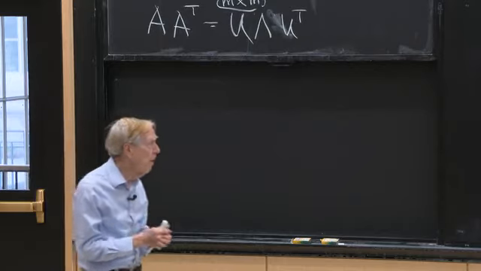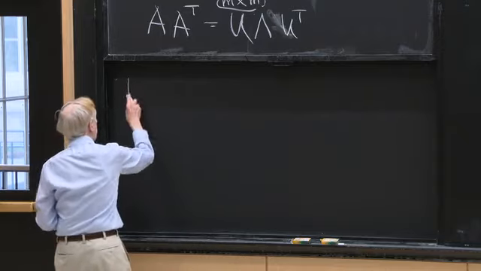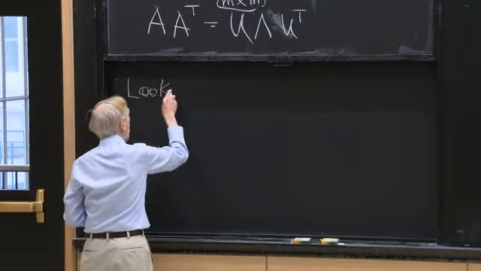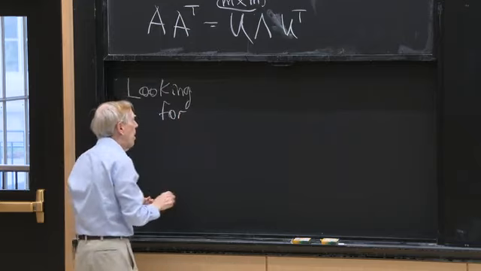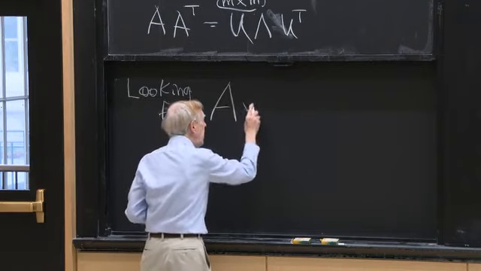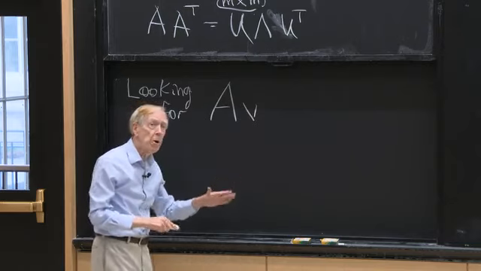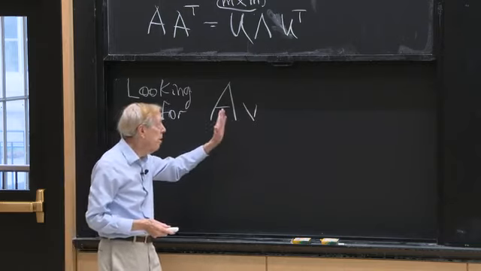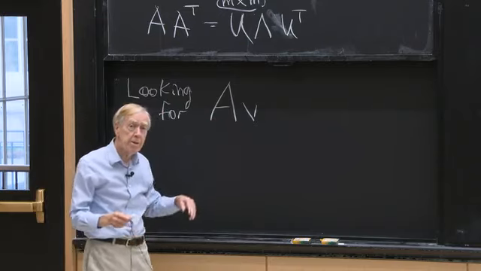What are we looking for? Well, as a factorization, we want vectors V, so that when I multiply by V, if it was an eigenvector, it would be AV equal lambda V. But now A is rectangular.